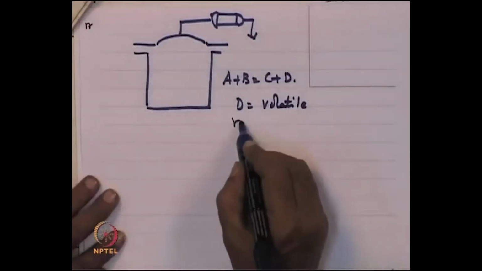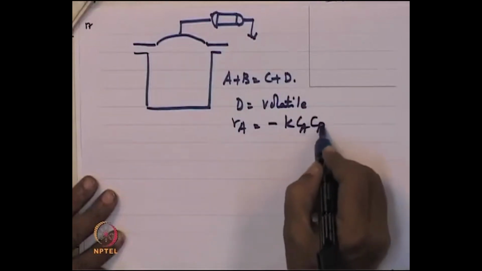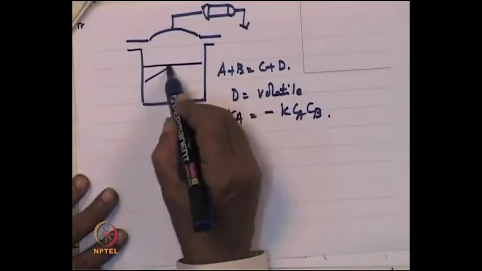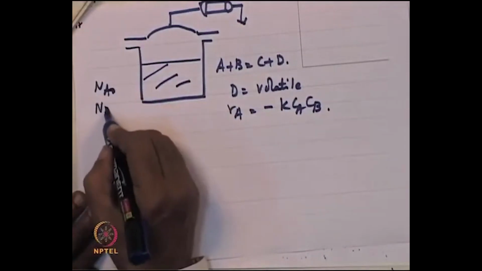The reaction rate is minus of k Ca Cb. You have a batch, starting with Na0 and Nb0.